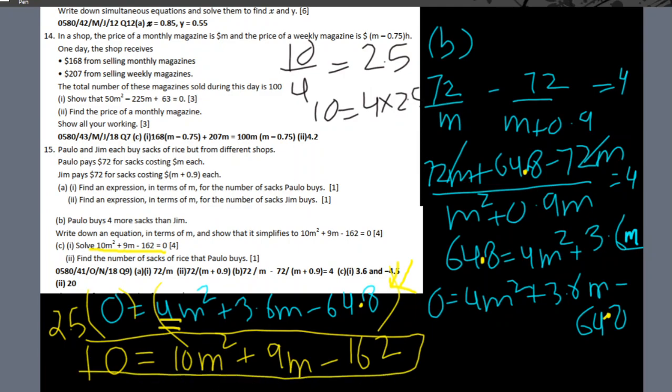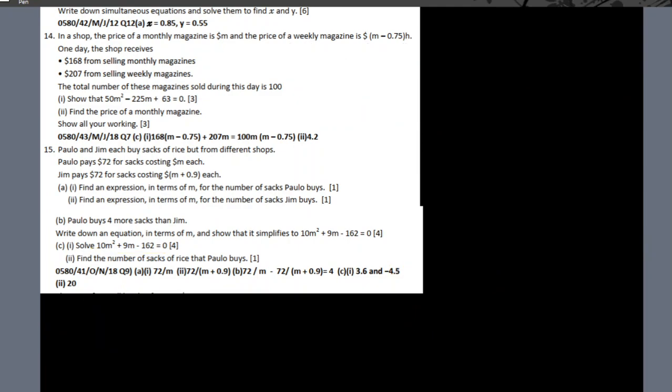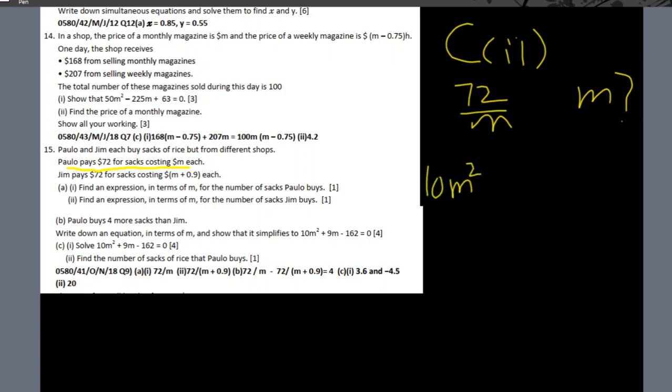Okay. Part 2, find the number of sacks of rice that Polo buys. Polo buys sacks each for $M, so for C2 we have to find 72 over M. For that we first need the value of M, which will be found by solving these.